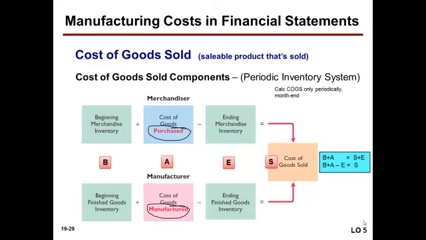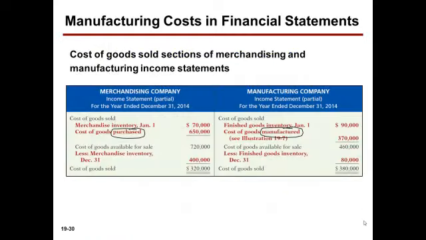The merchandiser calls their saleable product merchandise inventory, the manufacturer finished goods inventory. Here we see a partial income statement for a merchandising company on the left, a manufacturing company on the right. For the merchandiser, the additions to their merchandise inventory are purchased. For a manufacturer, they are manufactured, more complex.